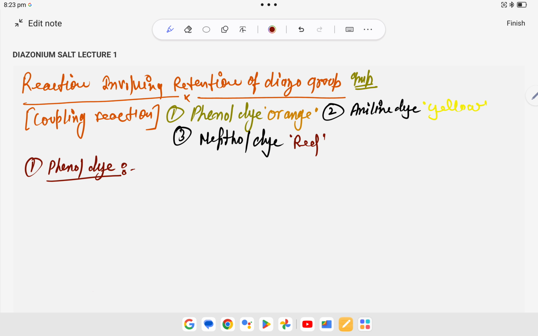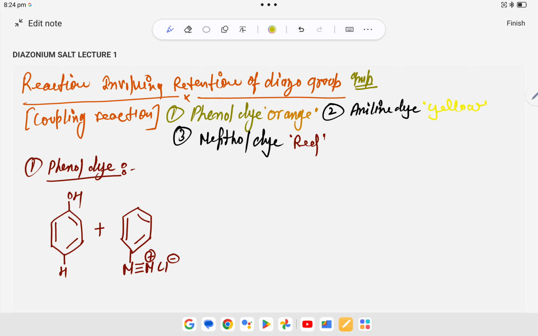So simple process. Here we are having phenol. Each carbon is having one hydrogen also, plus diazonium, nitrogen triple bond nitrogen, and Cl minus.